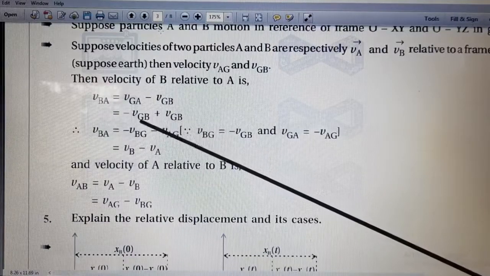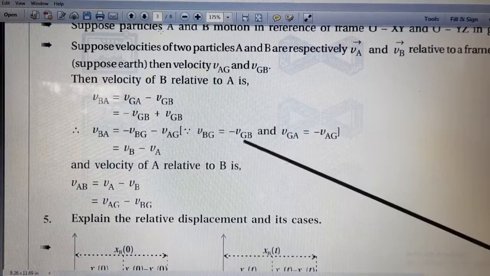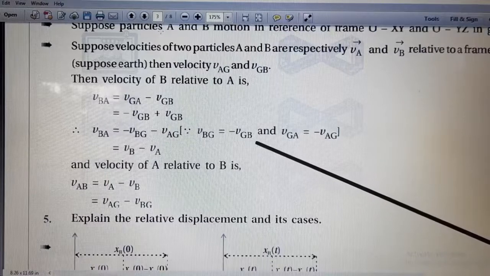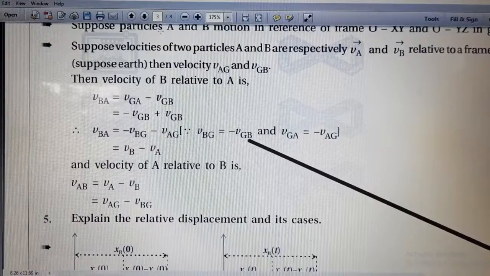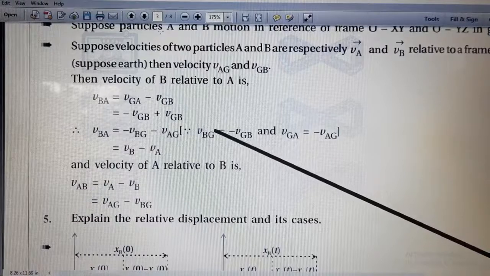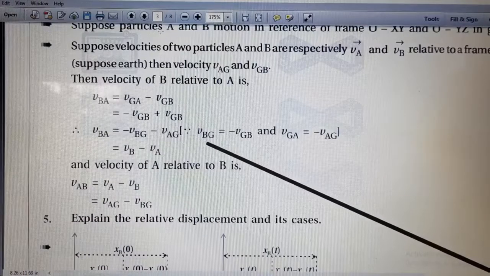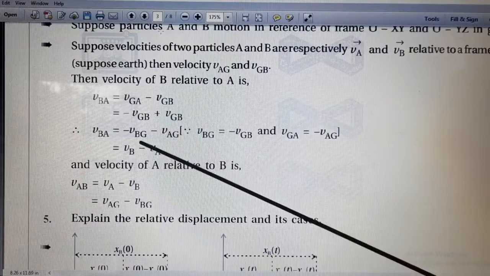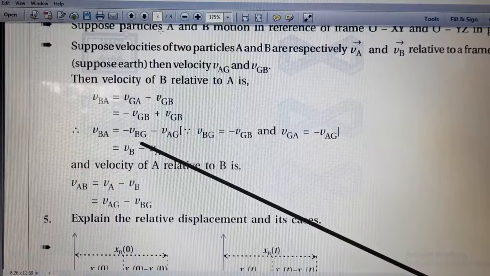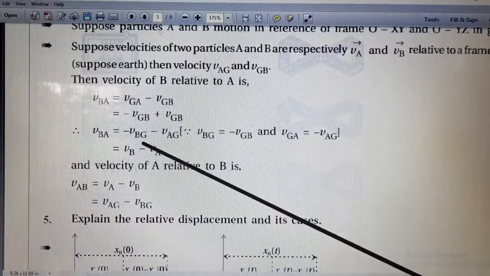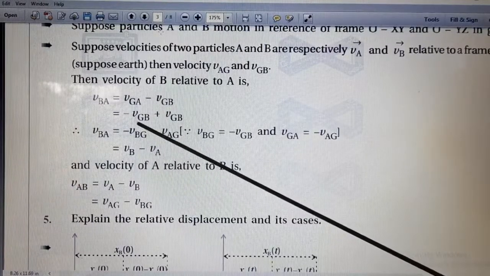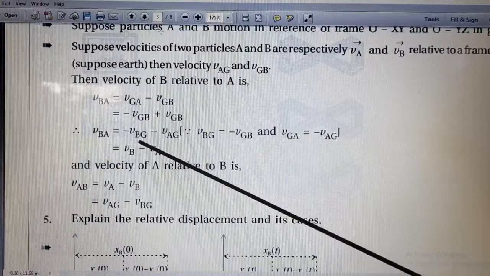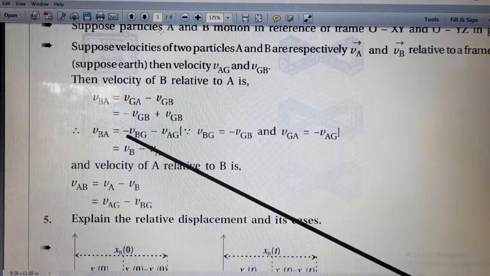Look here. First of all, here minus VGB is equal to VBG. So instead of VGB we can write VBG, but here the minus sign is wrong.